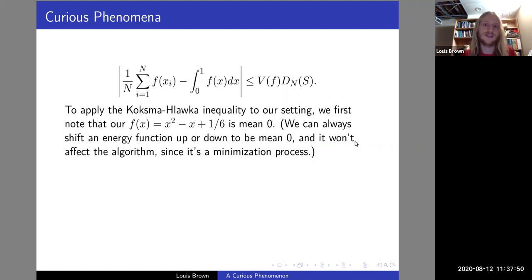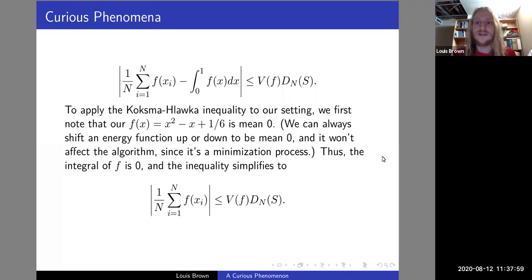It will just change the y value of what that minimum actually is, but we don't care about that. Thus, the integral of f is 0, and the inequality simplifies: the absolute value of 1 over n times the sum from i equals 1 to n of f of xi is at most the variation of f times the discrepancy of S.